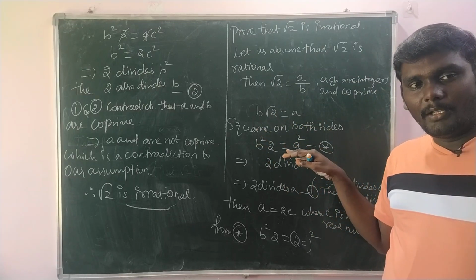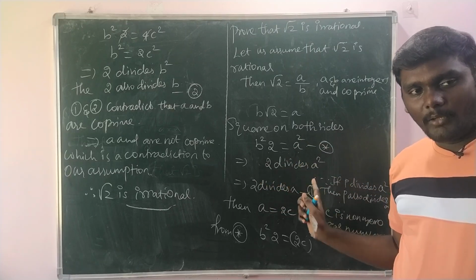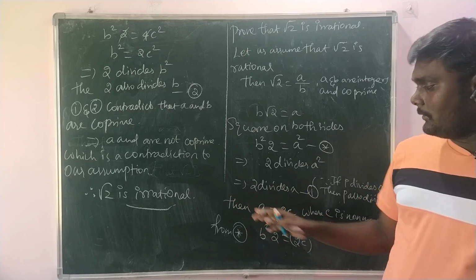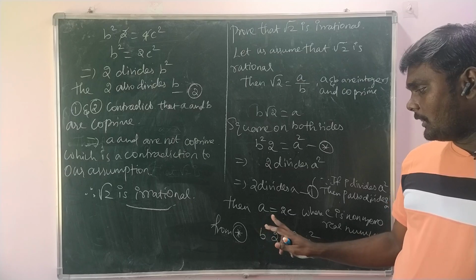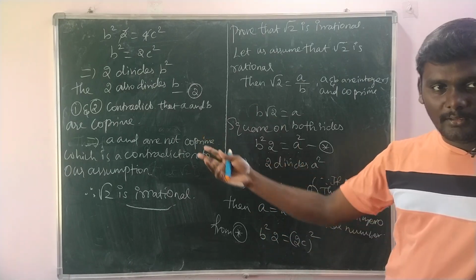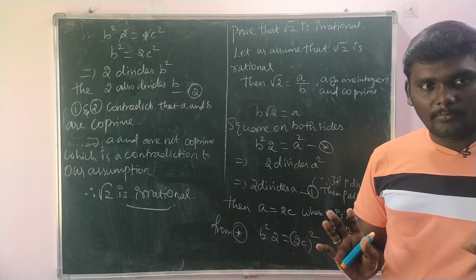One number will be a multiple of that given number, then that particular number divides the square of a number, so it divides the number itself, and then we move on by applying some definition about this multiple. If 2 divides A means A is a multiple of 2, so A is equal to 2C, like we substitute again, and then we proceed with the proof. Okay, this is the standard form of the proof.